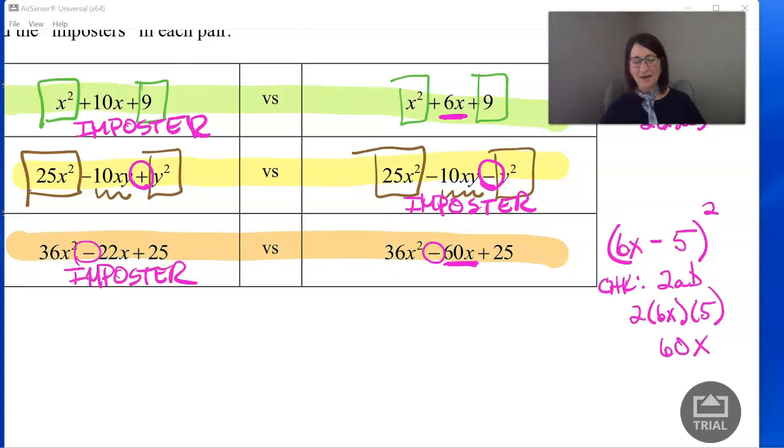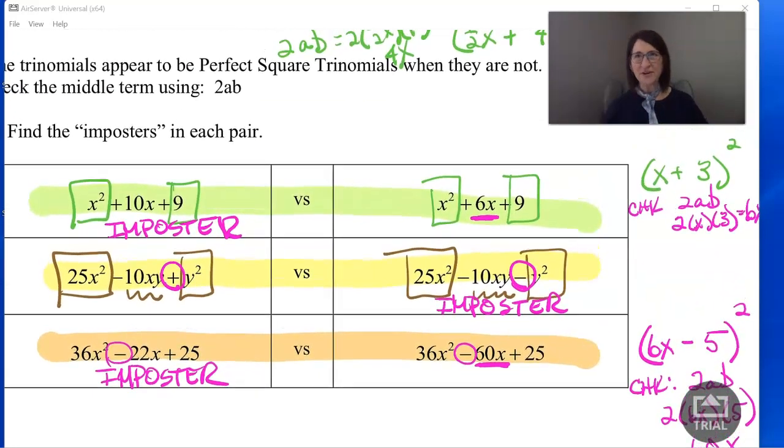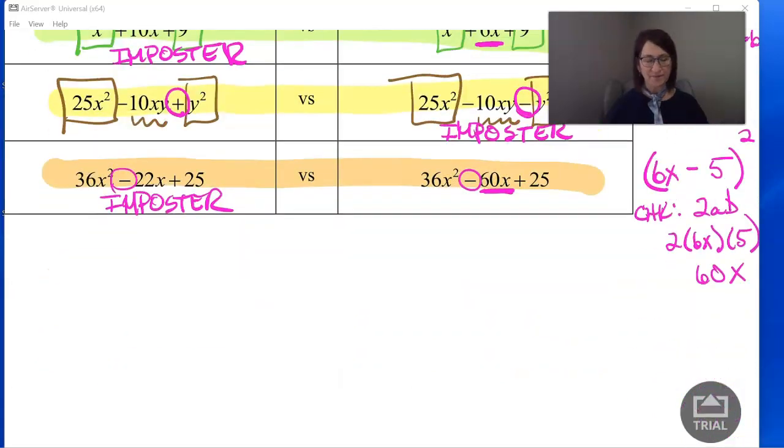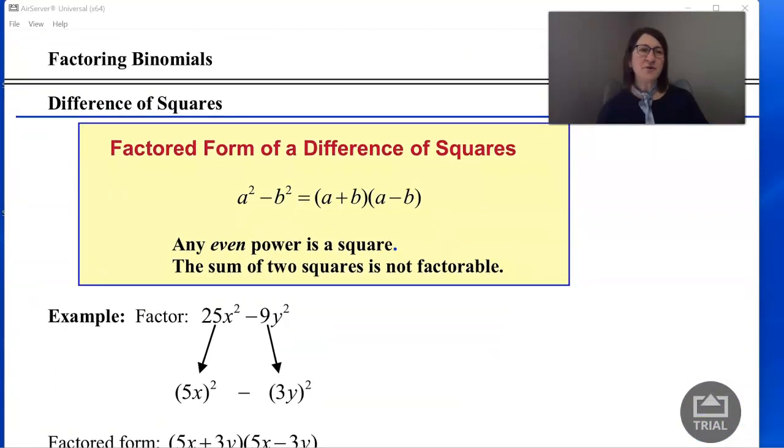Okay. So now you have a deeper understanding of perfect square trinomials, which is going to help you in the future. Now let's go to our other types, to our binomials, okay? And we're going to start first with what is called the difference of two squares.